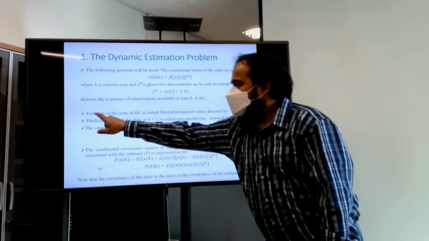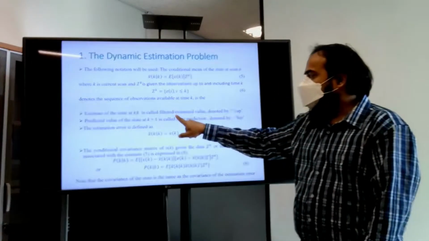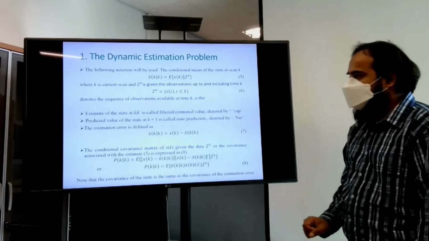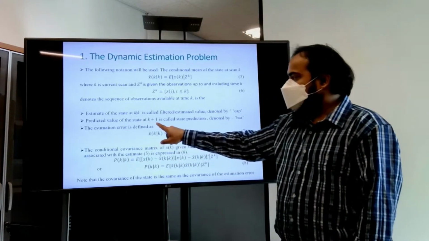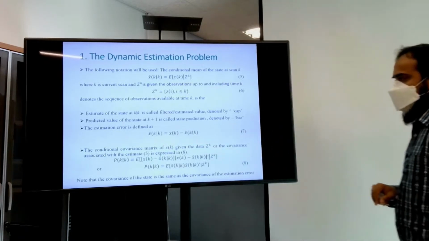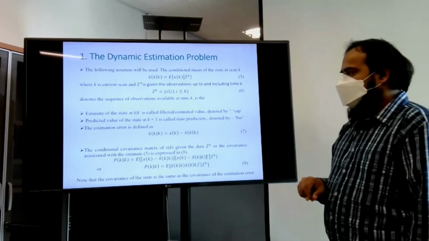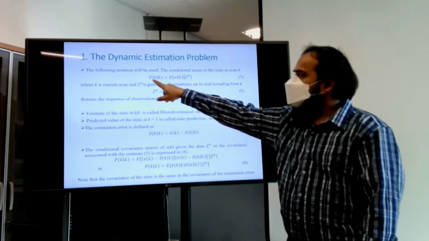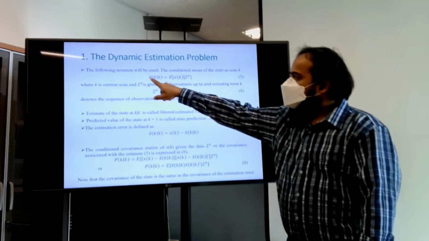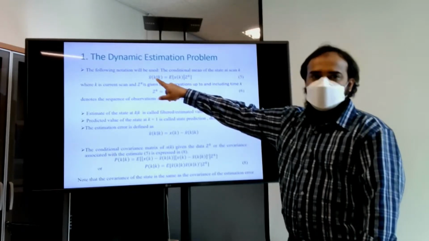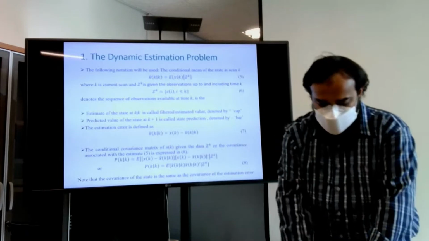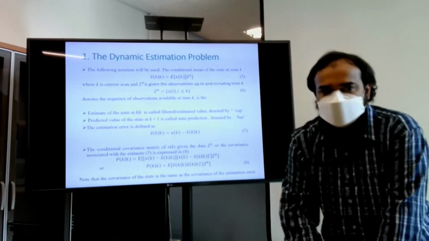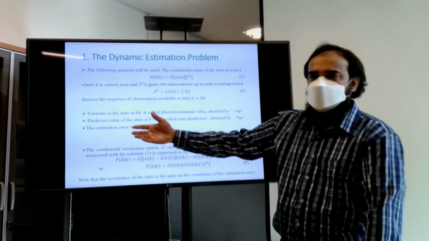The estimate of the state at k is called the filtered or estimated value, and the predicted value of the state at k plus 1 is called the state prediction, denoted with a bar. If this is a predicted value, it will be written as x of k plus 1 given k, meaning that given the time k scan measurements, you are predicting one time step ahead, k plus 1.